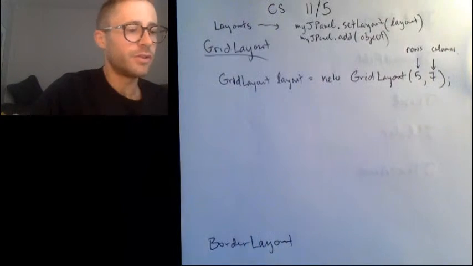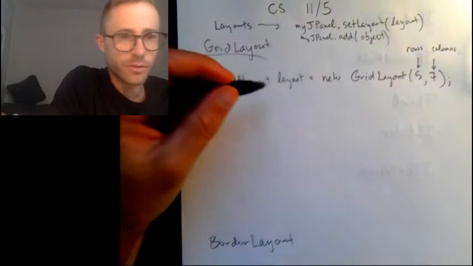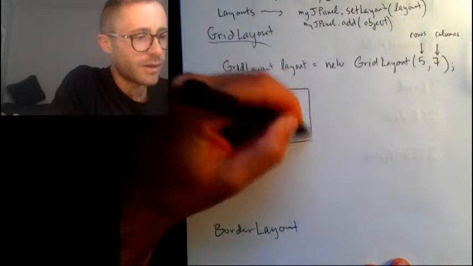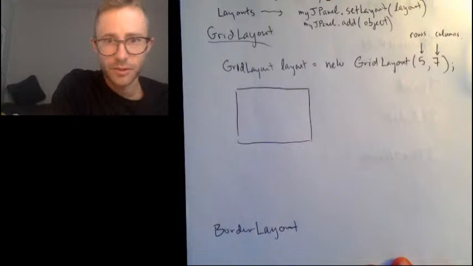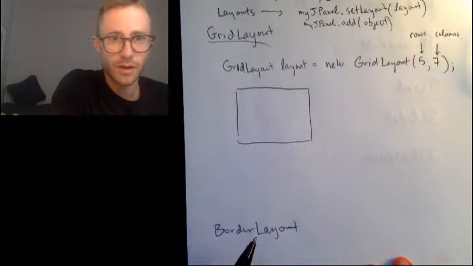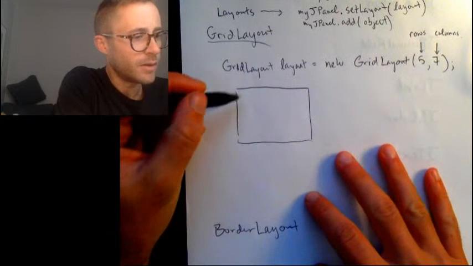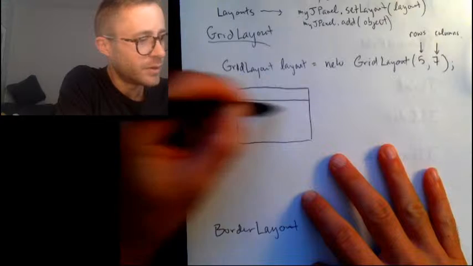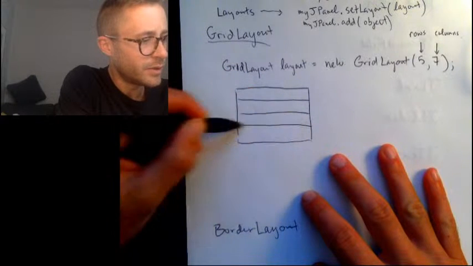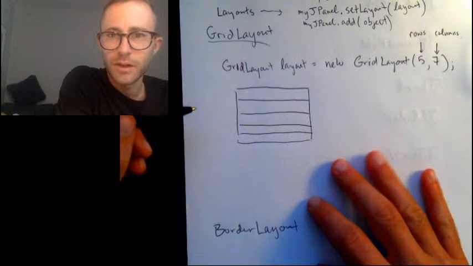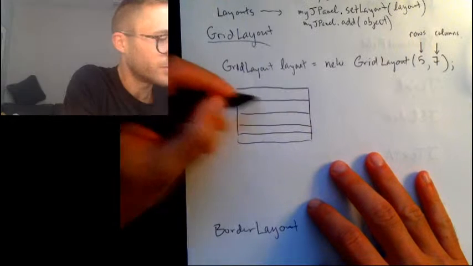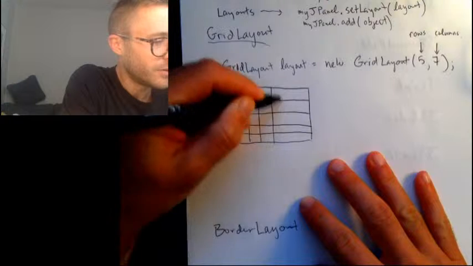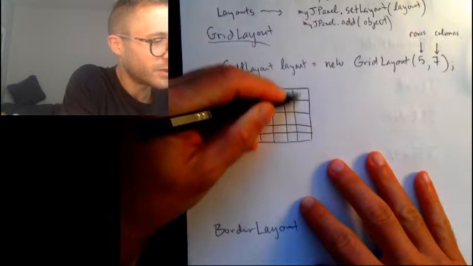So let's say this is your window. It's going to slice it up into 5 rows, so 1, 2, 3, 4, and it's going to slice it up into 7 columns, so 1, 2, 3, 4, 5, 6.